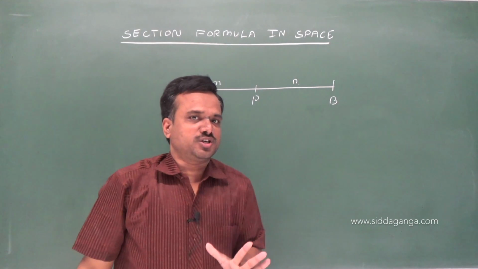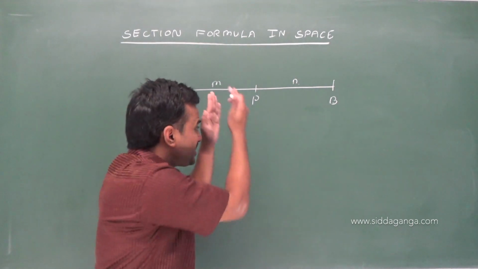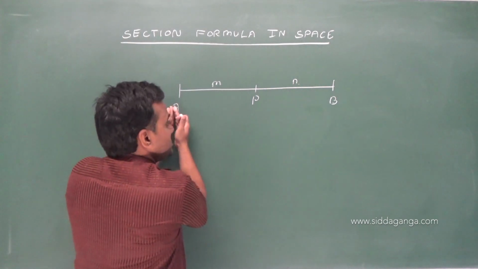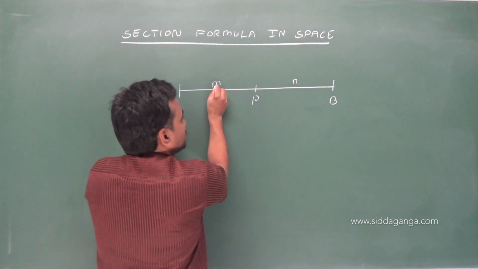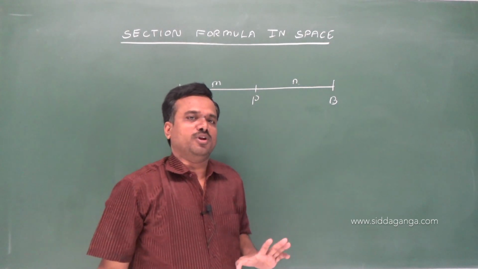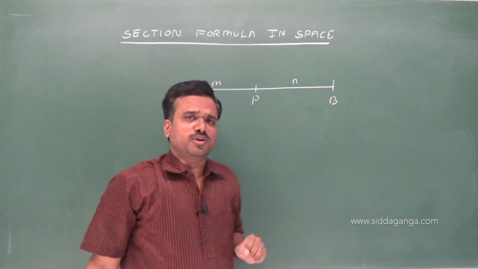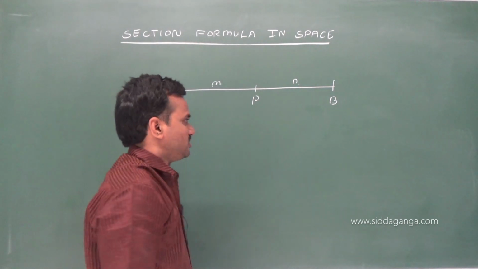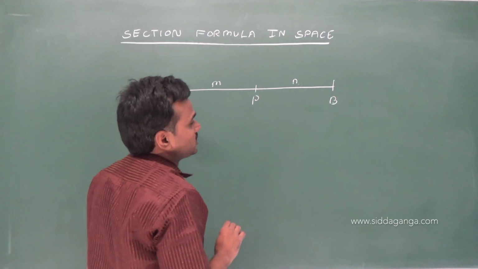The role of the section formula means it divides the line joining AB in the ratio m is to n. This is the section formula. Here 2 formulas are there: internal division and external division. Internal division means what, sir?